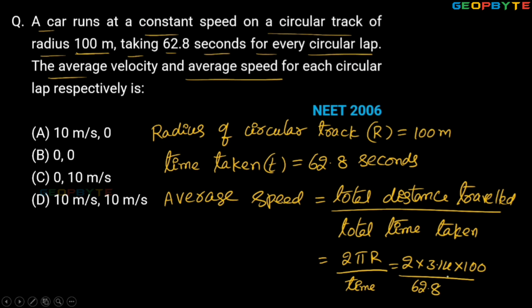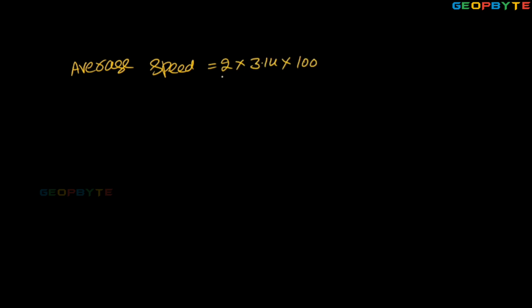Let us take another slide. Here it is average speed. It is 2 into 3.14 into 100 divided by 62.8.